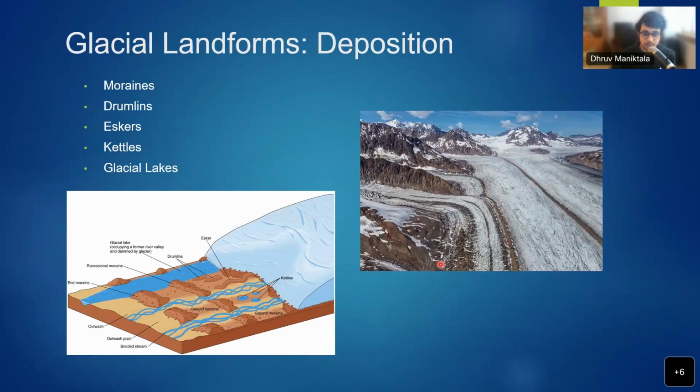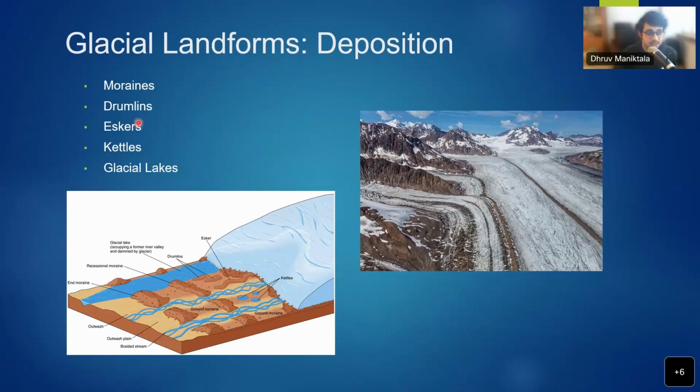And then we have drumlins, which are small, elongated, 8 to 60 meters long depositions. They are very narrow and also in the direction of glacier advance and retreat. So the more sloping edge shows which way the glacier was moving.